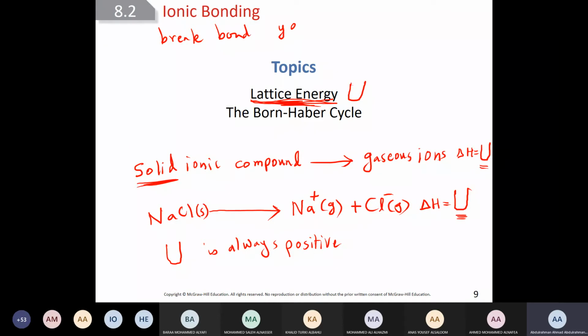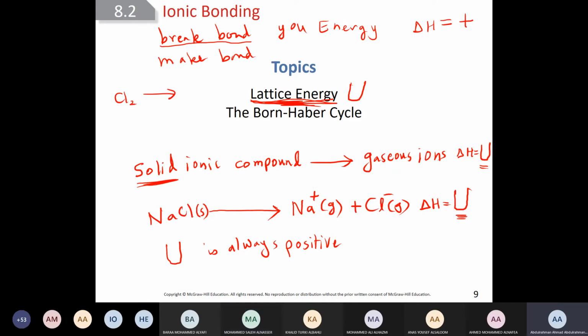So whenever you break a bond, you need energy, and delta H must be positive. When you make bonds, it's the reverse of breaking bonds, and you release energy.